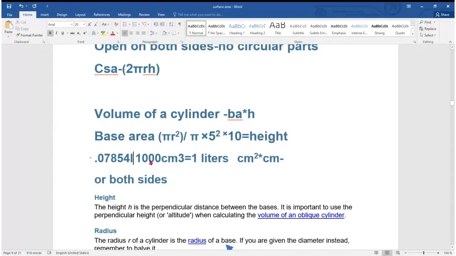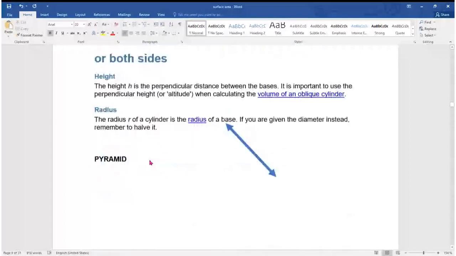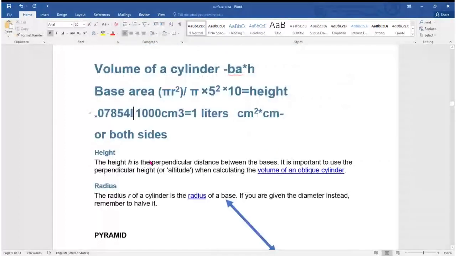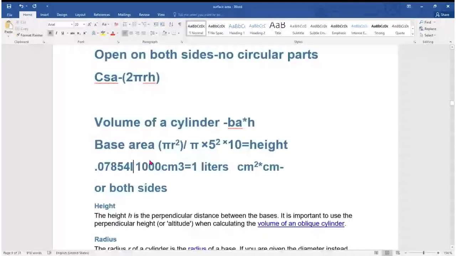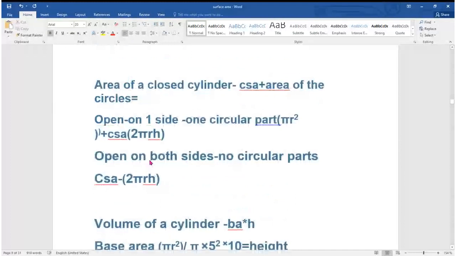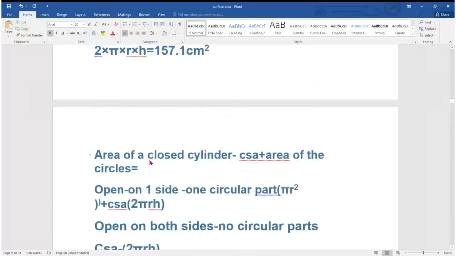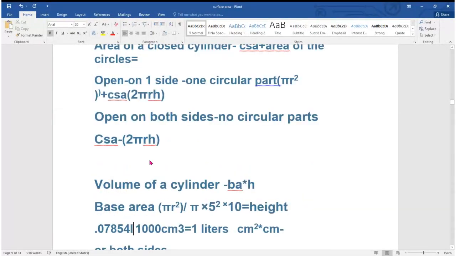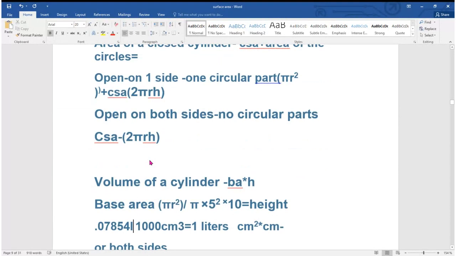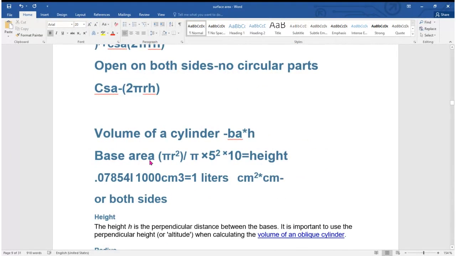Remember, in our syllabus, we have to keep on converting, so make sure that we understand that perfectly. So this is how you define the volume of a cylinder. And the volume of any solid, or the volume of anything, is given in cubic units. I think I've already explained that, but you're going to see it as we come to the other examples.